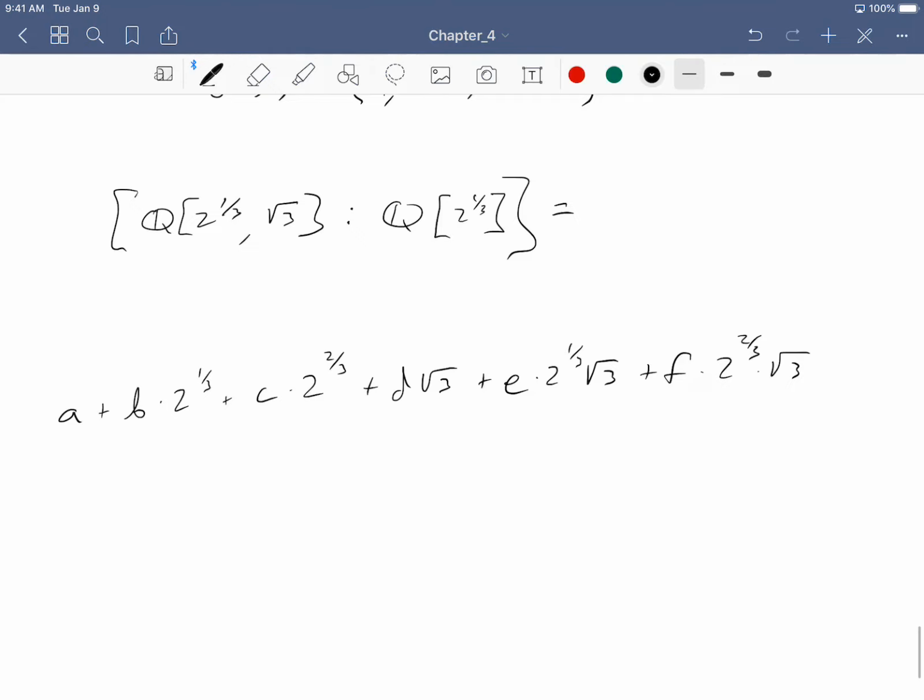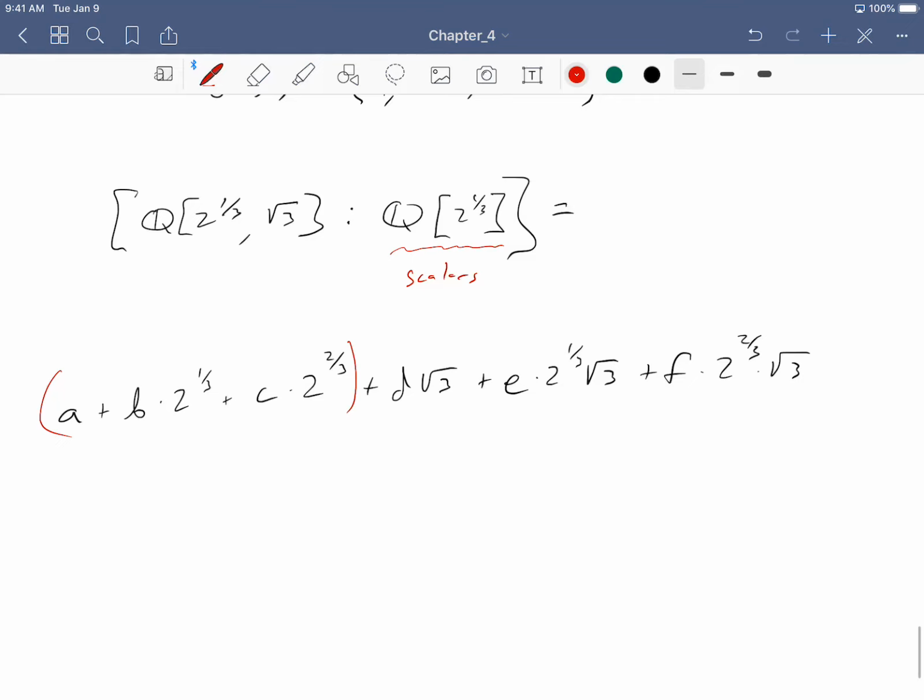And so we should be able to break this up and figure out what's our basis. What we'll do is look at Q adjoin 2 to the 1/3. Those are our scalars, right? And so I want to pull those elements out. And so here is 1. That's an element from Q adjoin 2 to the 1/3.